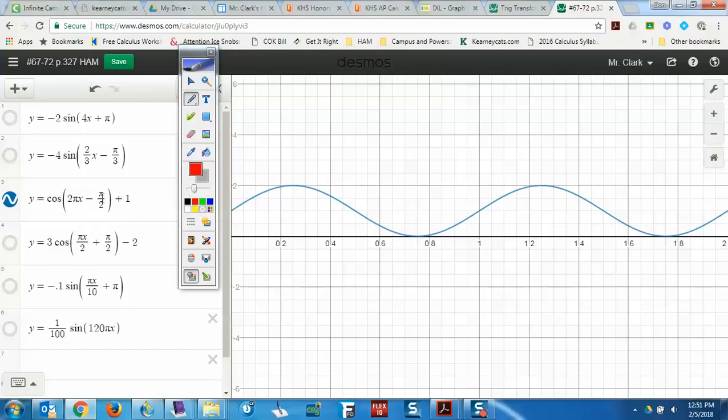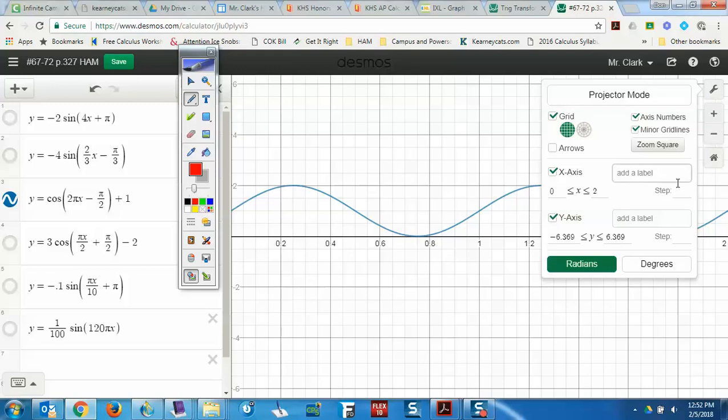I kind of picked a bad example, but if I take that 2 pi out of there, what would that be? If I take a 2 pi out of this, what's the shift? What do we say you have to do? You have to divide. So it's the pi halves divided by 2 pi, which would be that right there. So what's the shift? 1/4. So I would probably make my markings on my toolbar go by 1/4.